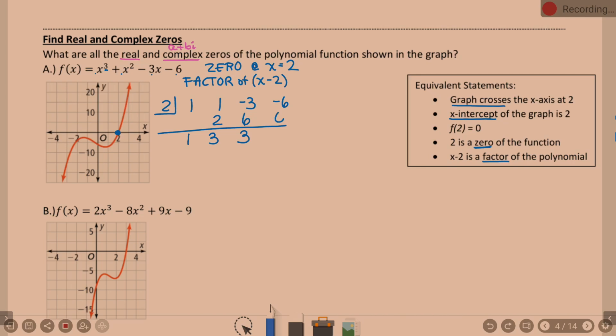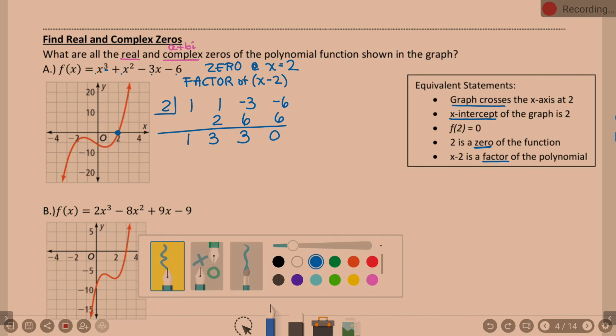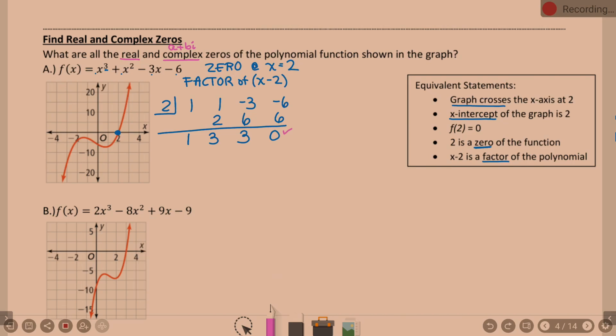Negative 6 plus 6 is 0. I'm going to tell you guys, that is a huge checkpoint right there. If you get something other than 0, you made a mistake. How do I know it has to be a remainder of 0? Because I know 2 is a solution. I know 2 is a factor. So I have to get 0 there. Now, what does 133 represent?